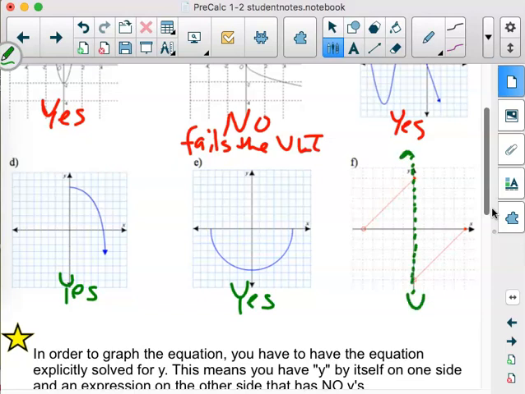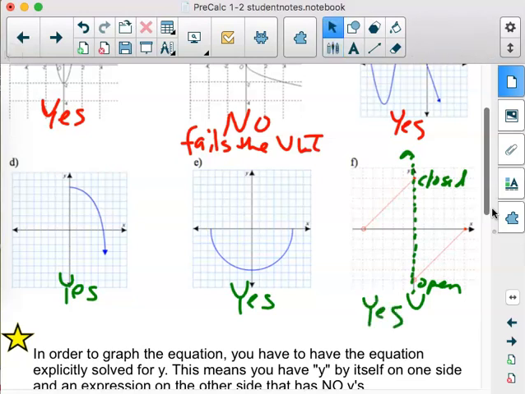And then we realize this was a closed dot, but this was an open dot. So it will only touch in 1 spot, because this open dot down here means we can't include that point. So this one is a yes.